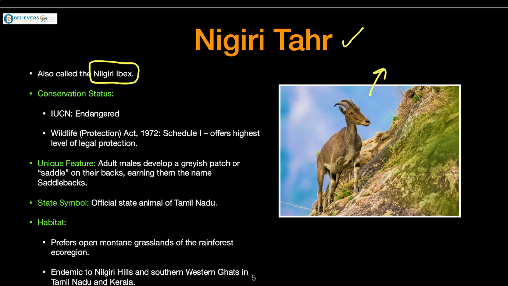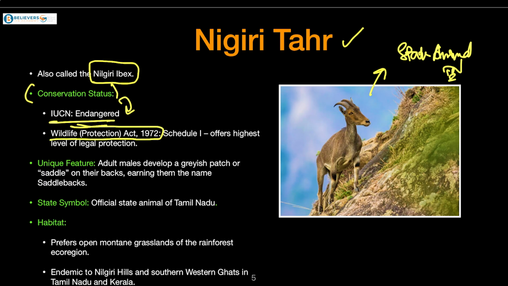It is the state animal of Tamil Nadu. Talking about its conservation status, it is classified under the endangered category of the IUCN, and it is also part of the Wildlife Protection Act 1972. It is classified under Schedule 1, which offers the highest level of legal protection to the Nilgiri Thar.